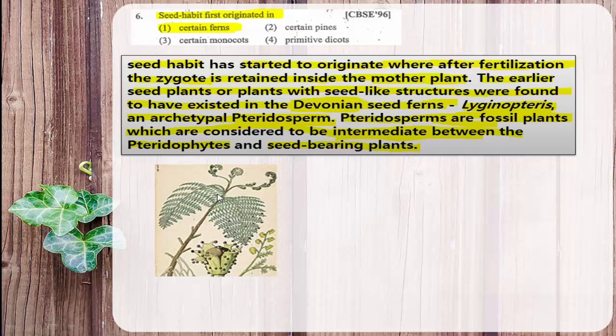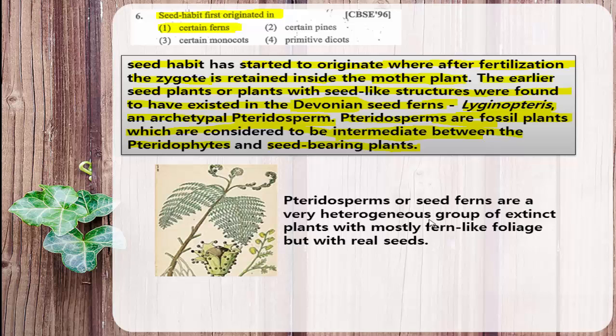What we observe in the pteridophytes, the fern leaf arrangement, is very much similar in Lyginopteris. This is the first group of pteridosperm where seed production originated, and it is the connecting link between pteridophytes and gymnosperms. Then moving to one more piece of information I have mentioned here.